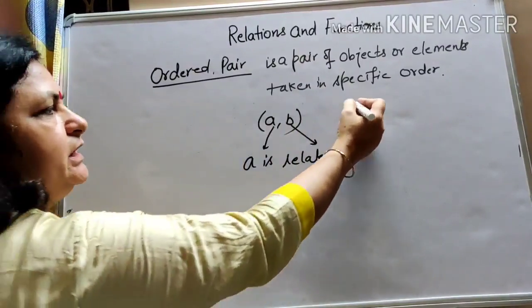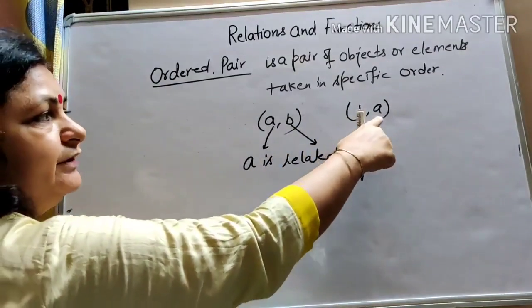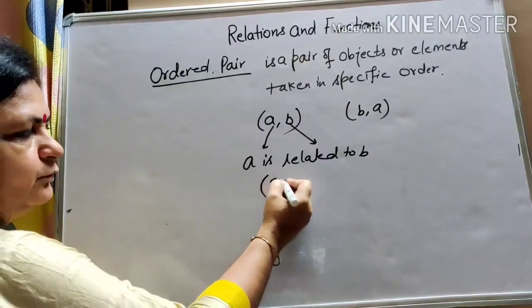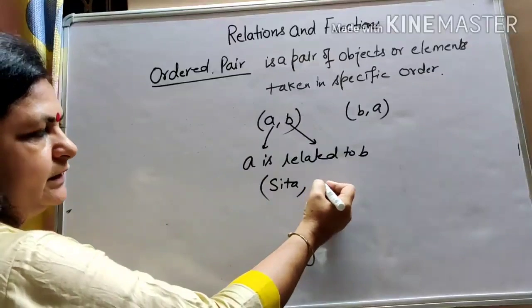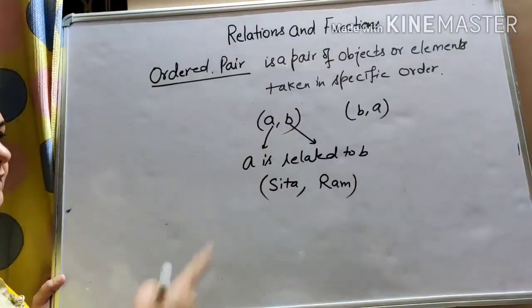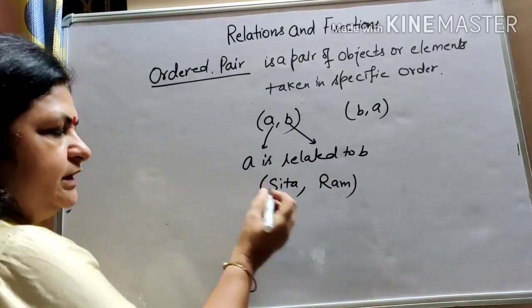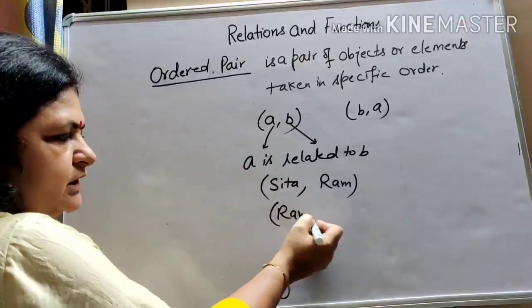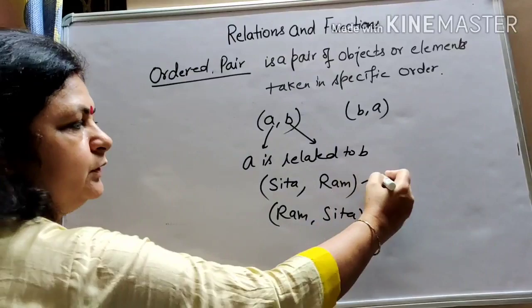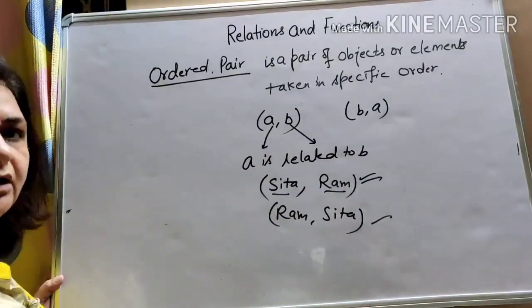Now (A, B) and (B, A) have different meanings. For example, if here we have Sita and here we have Ram, and Sita is the wife of Ram, then Ram cannot be the wife of Sita. So in an ordered pair, the order matters a lot.